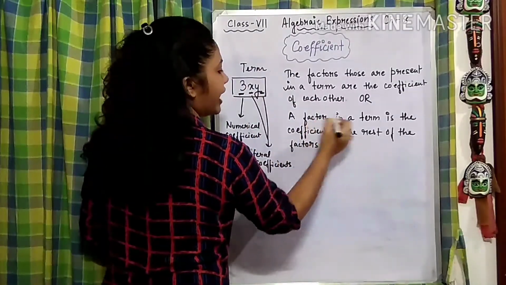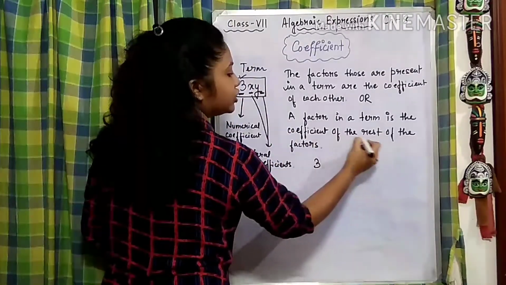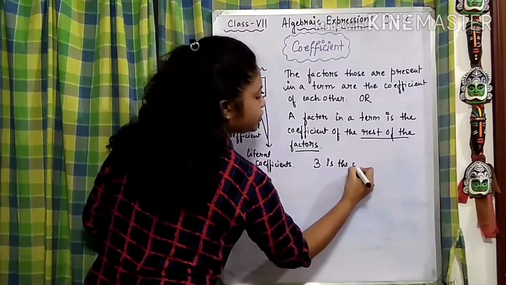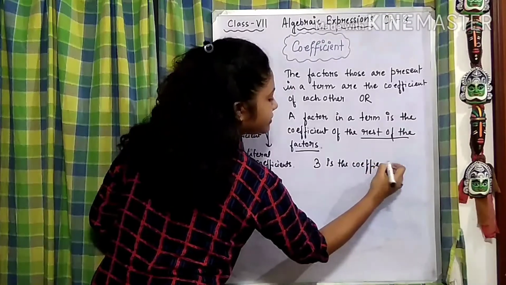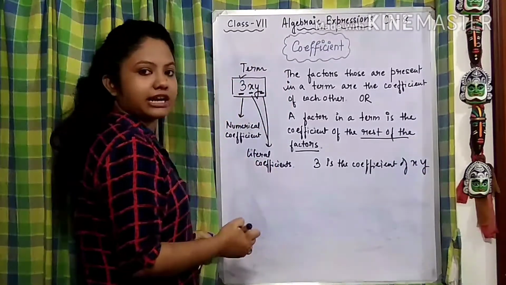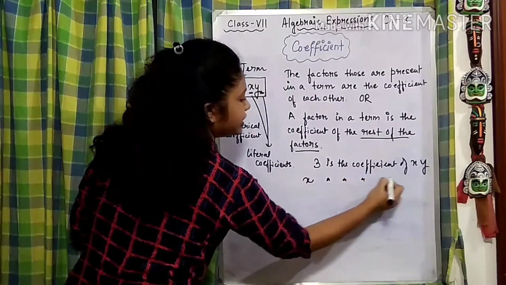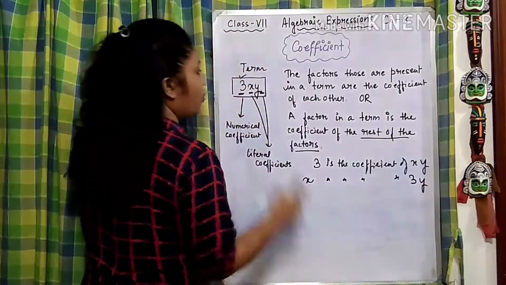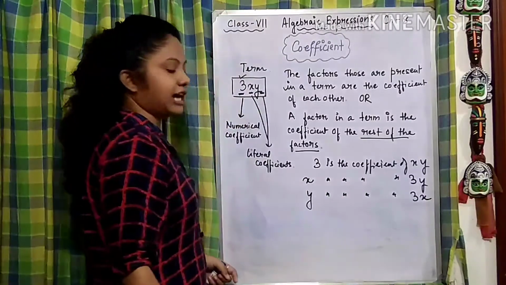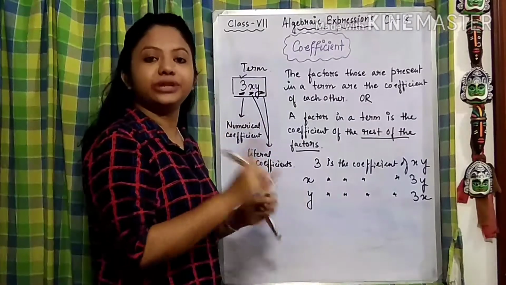So 3 here is the coefficient of the rest of the factors, meaning 3 is the coefficient of xy. Similarly, x is the coefficient of 3y. Once again, y is the coefficient of 3x. Understand? So every factor of a term is the coefficient of the others.